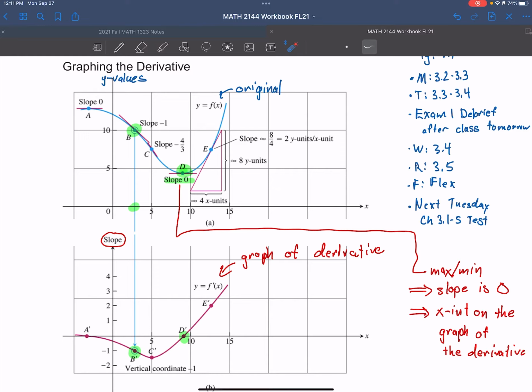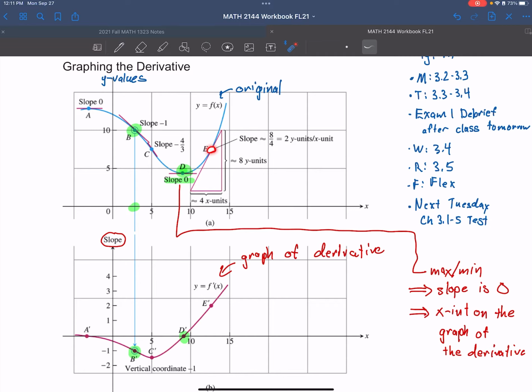So we've seen two scenarios. Where the slope is negative, that's when the corresponding graph for the derivative will be in a negative quadrant, either 3 or 4. When the slope is 0, that's when the graph of the derivative is going to have an x-intercept. And then lastly, consider point E. You can see point E right here.